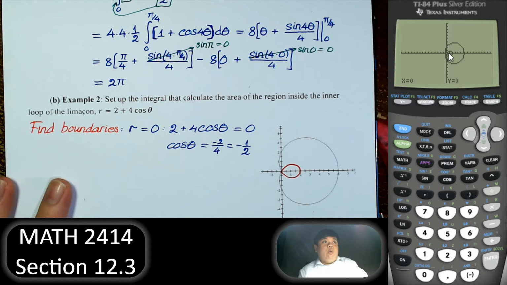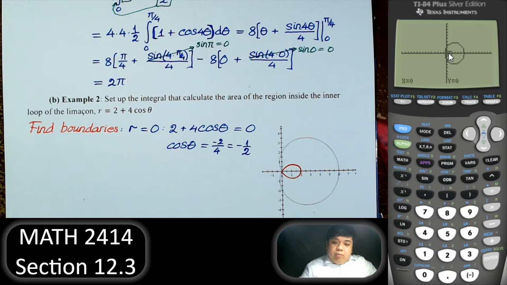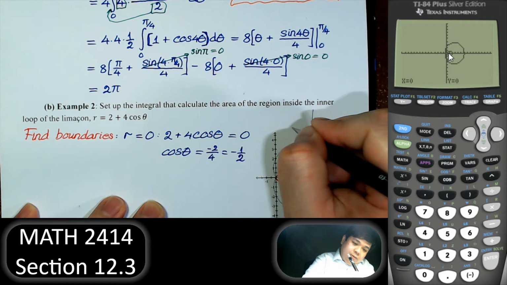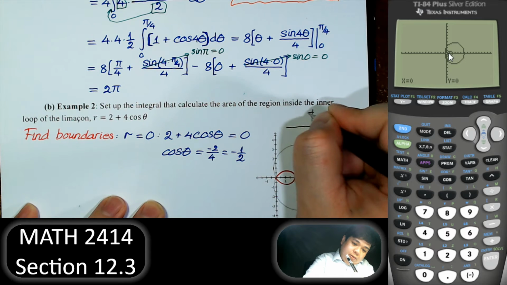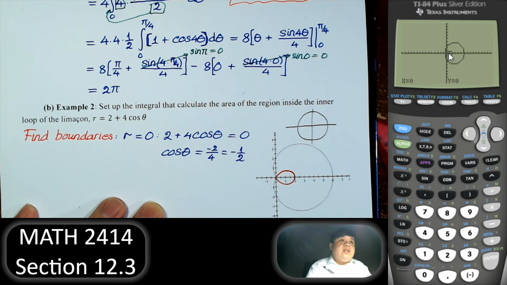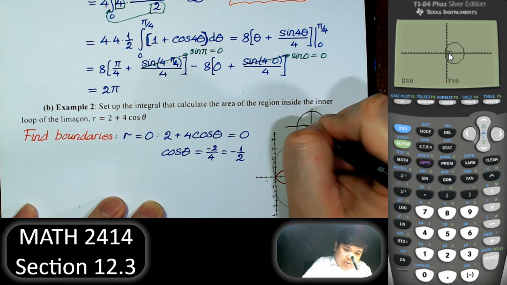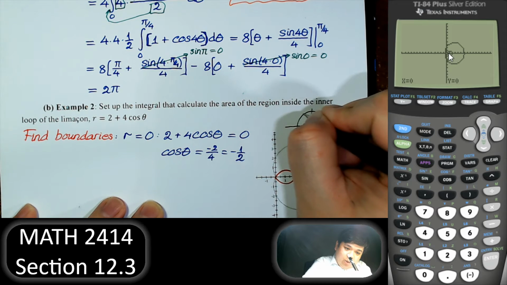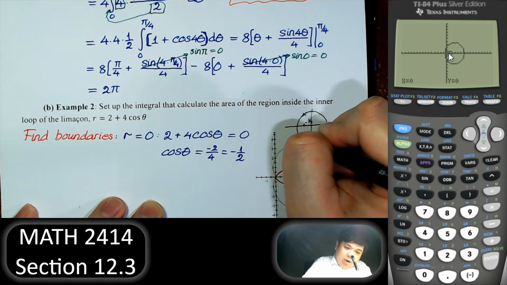So we need to solve for cosine equal to negative 1/2. So on the unit circle where cosine is negative 1/2. Right, cosine is the x values, negative 1/2. So we have one value here and one value there.